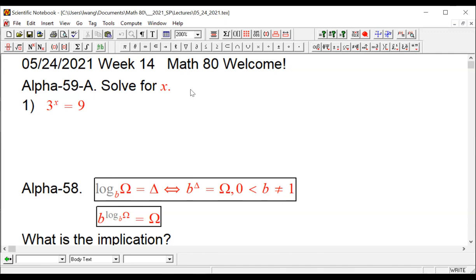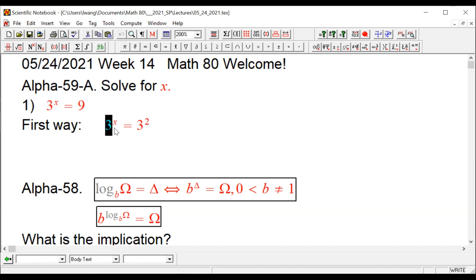I'm going to show you all these different ways. The first way, I think probably the most intuitive, is that 9 is 3 squared. Everybody knows that.